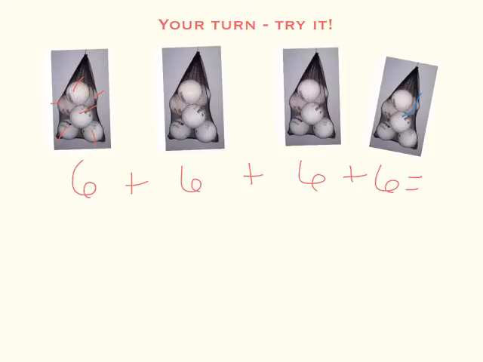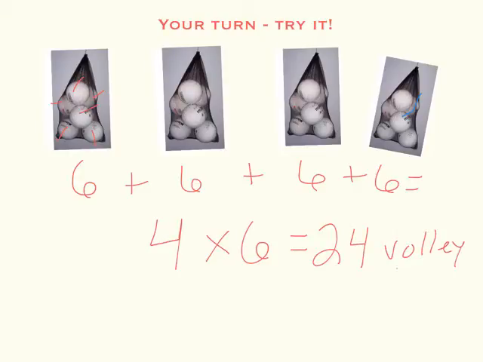But again, as a multiplication equation, we have 4 groups of 6, and that gives us a product of 24 volleyballs. Make sure that you got the same equations for repeated addition and multiplication. If you didn't, go back and check and see where your mistake was and correct it on your sheet of paper. We're going to head on and do some word problems here.